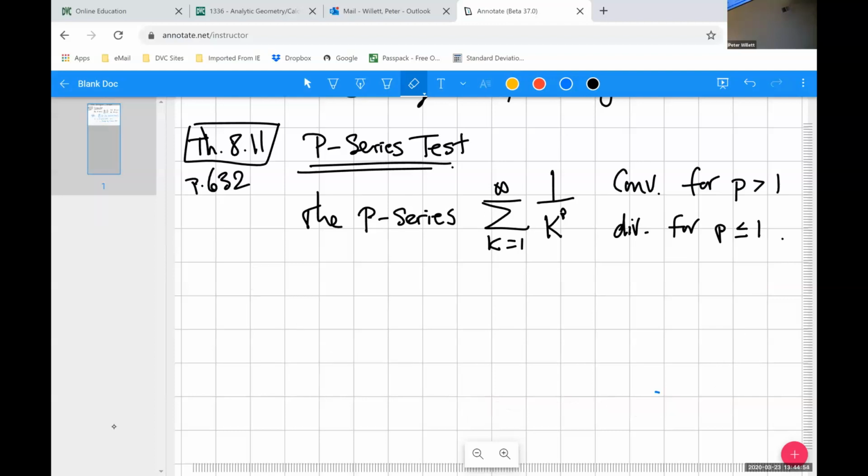Okay, so now let's look at an example that they give to help us do this. So let's look at example 3 on page 633.